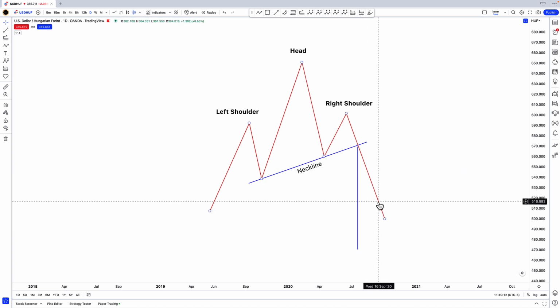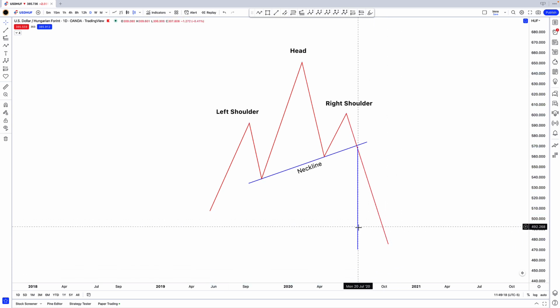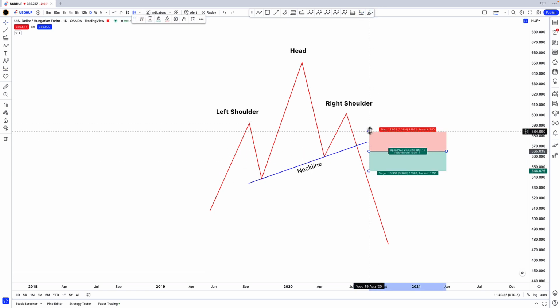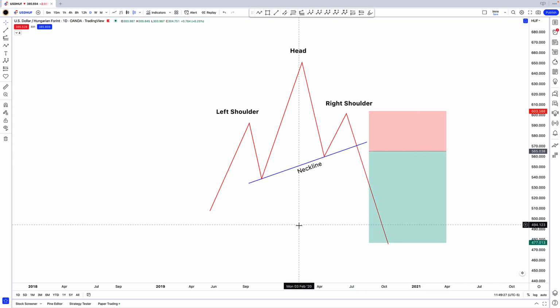So that is your target. That would be all the way down around 470 on this currency pair. From a position standpoint, this is what a typical risk-reward ratio might look like for a head and shoulders pattern.